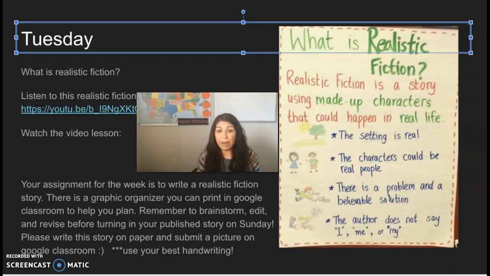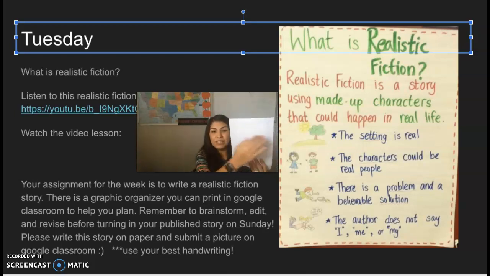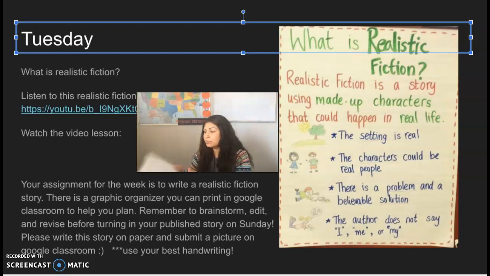And then you're going to publish your story in your very best handwriting and illustrate a picture on paper to go with it. So I want this all to be a written assignment. No typing on Google. Find a piece of paper. It can be a regular piece of paper if you have one at home. If you have a piece of blank computer paper, try your best to write neatly across.